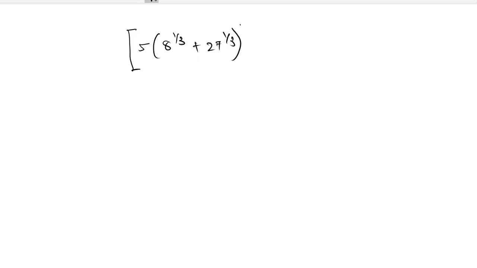The question is square bracket 5 round bracket 8 raised to 1 by 3 plus 27 raised to 1 by 3 bracket close raised to 3, which I forgot, the whole raised to 1 by 4.